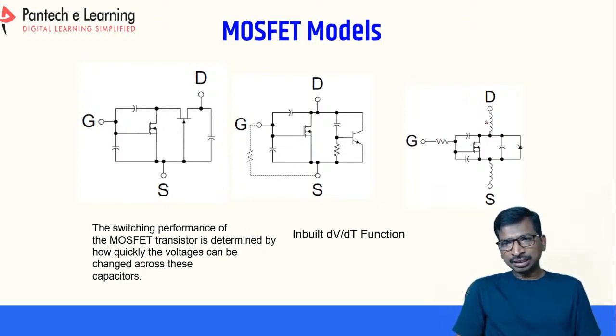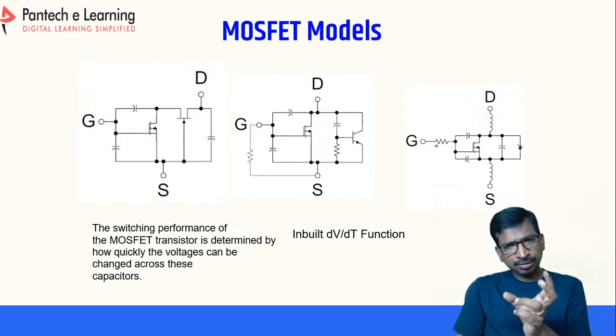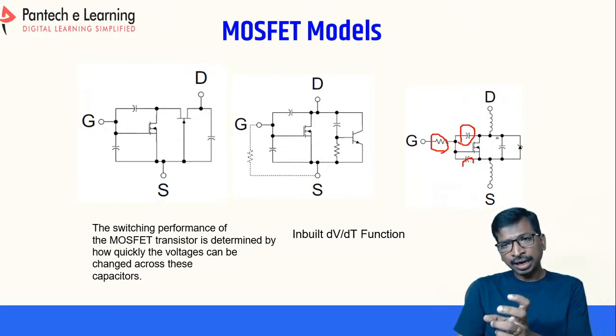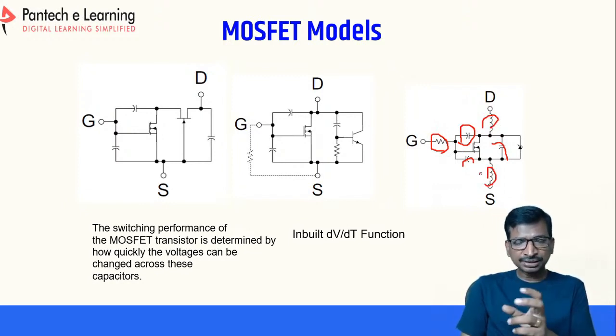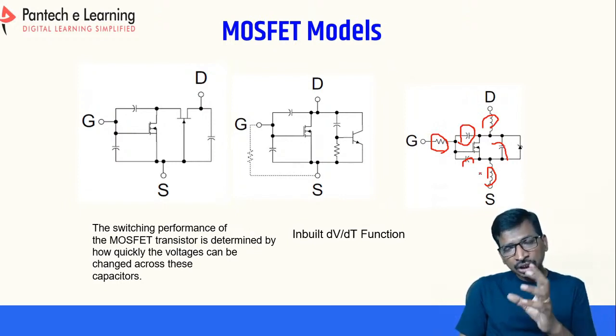These are not physical transistor elements, but due to the solid state material, the properties introduce these components: resistance, this capacitor called the Miller effect capacitor, similarly this capacitor, and then inductors. These are all the electronic effects which occur during the transient periods.